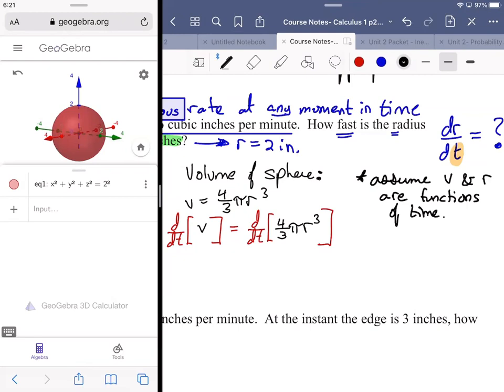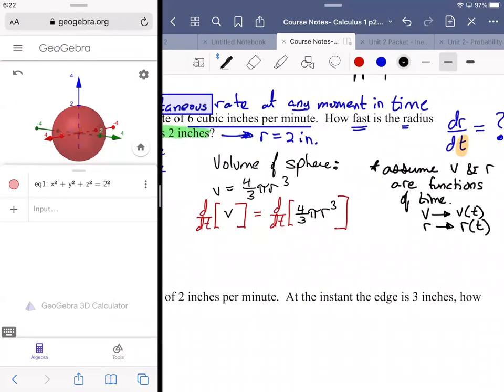So what we're actually saying here is that V can be thought of as V of t, and r can be thought of as r of t. The issue here is we don't know what those functions are. We have no idea what those functions are, but we could still differentiate.